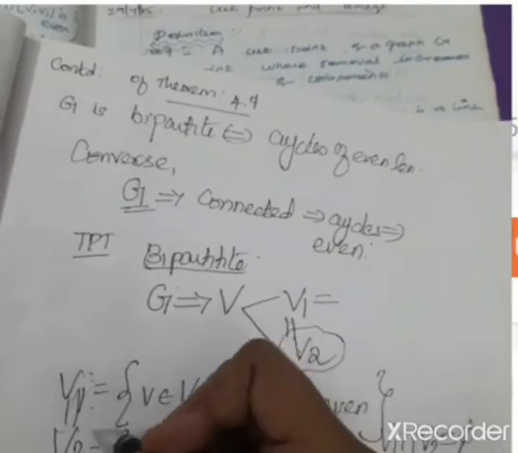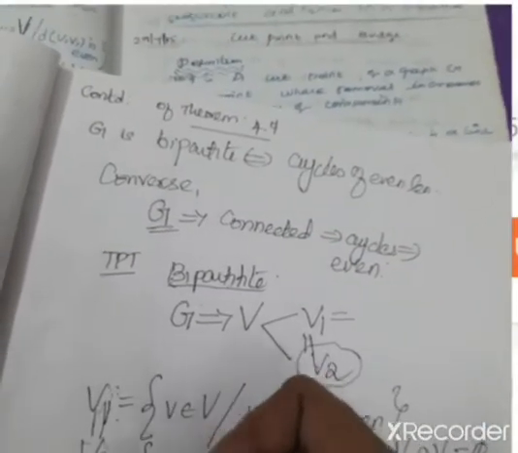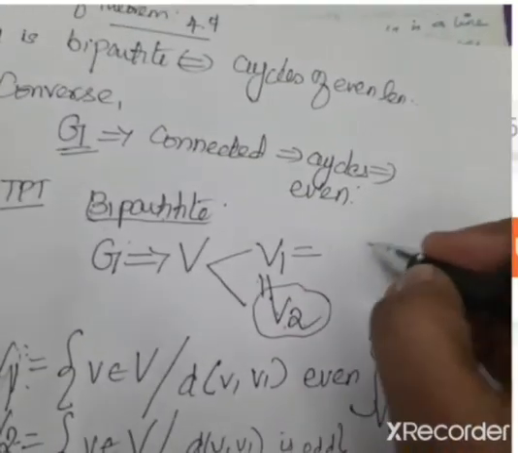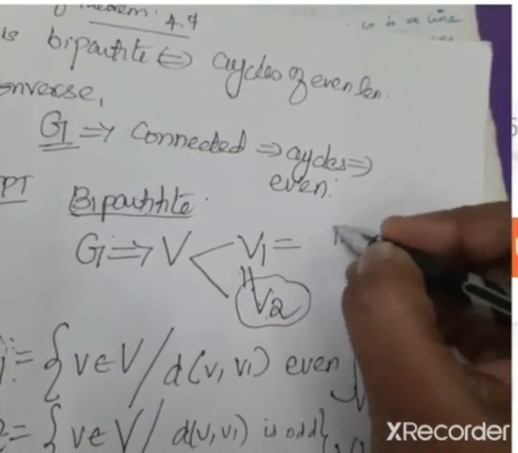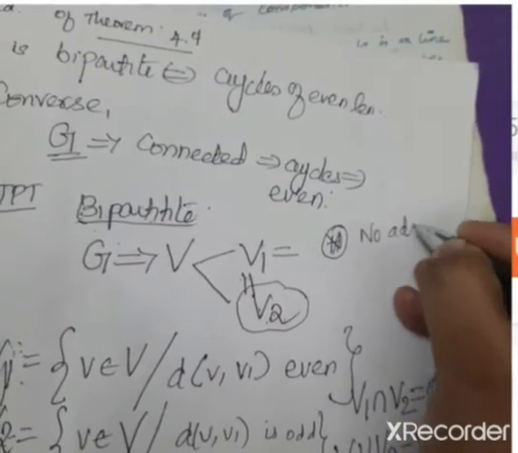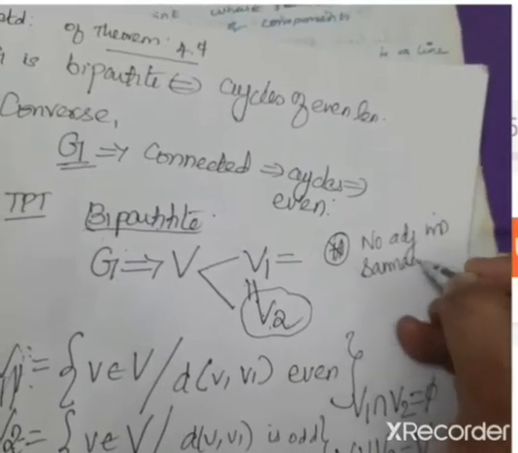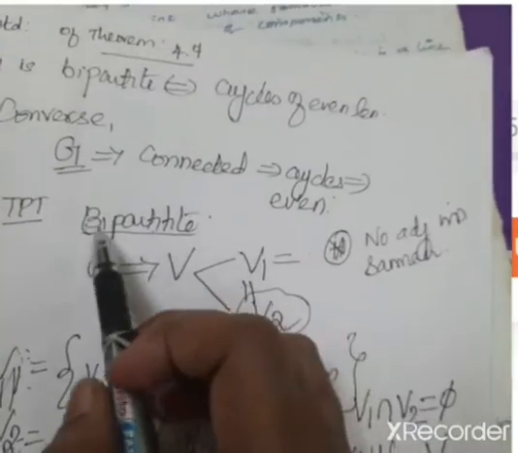So the moment I say it is bipartite, more than having a line from V1 to V2, the other ancillary character of a bipartite graph is that there is no adjacency in the same set. This is an important nature of a bipartite graph.